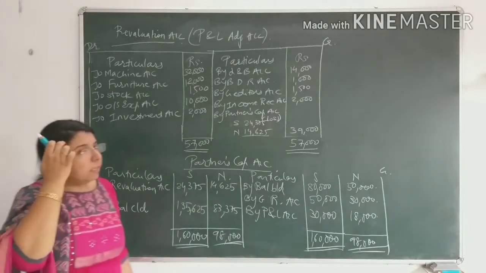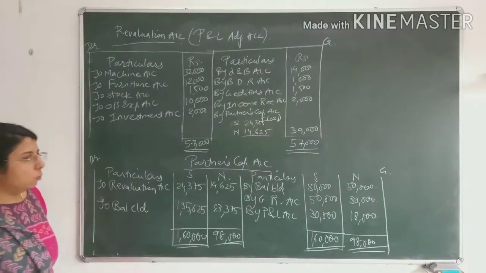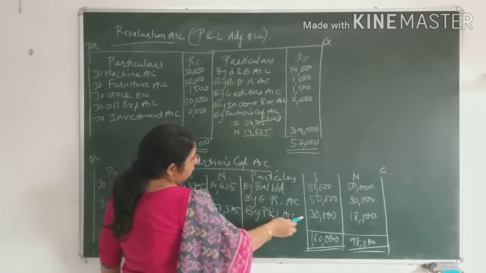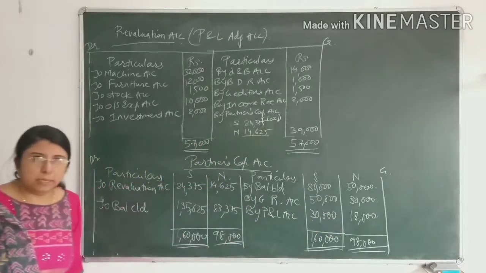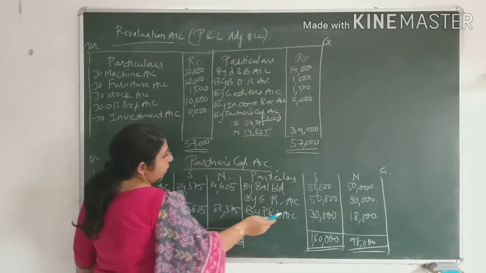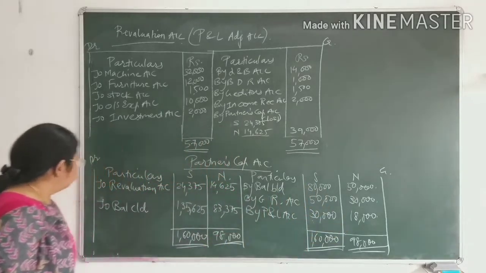Now the next entry that you have written was accumulated profit. The same type of entry would be there, that is P&L account debit to partners capital accounts, Sajan's capital account credit, Nirmi's capital account credit. So on the credit side of the partners capital account, you will write by P&L account 30,000 and 18,000.